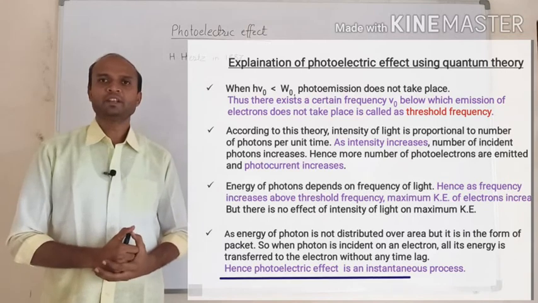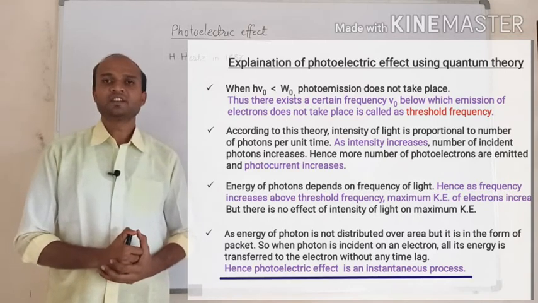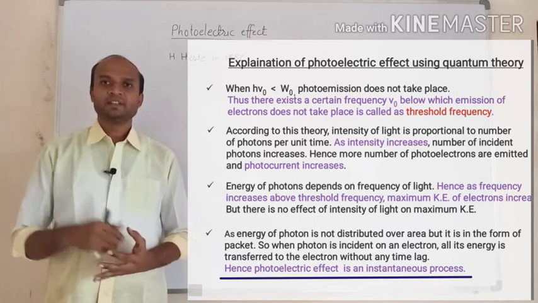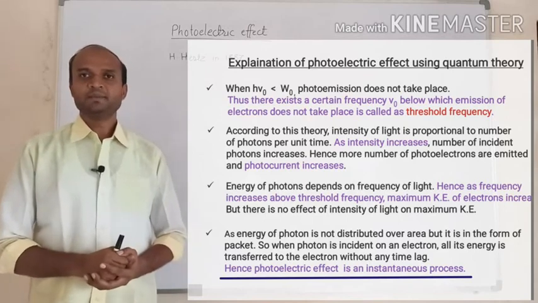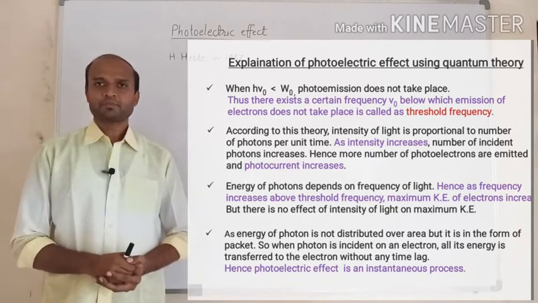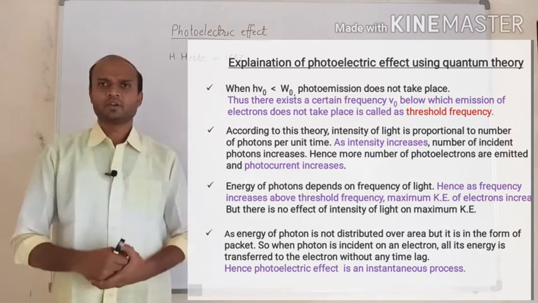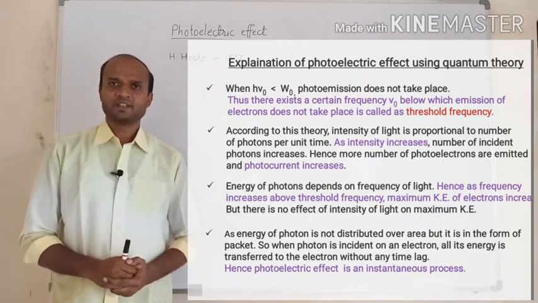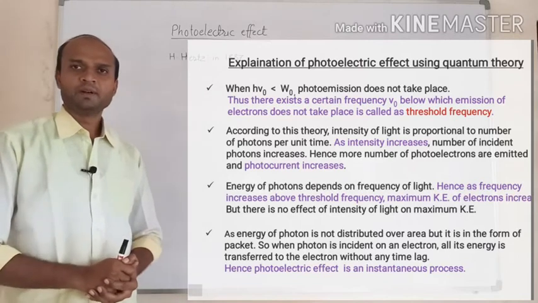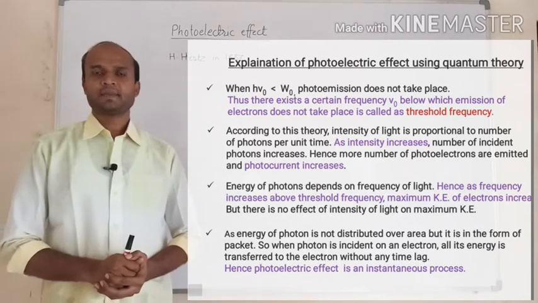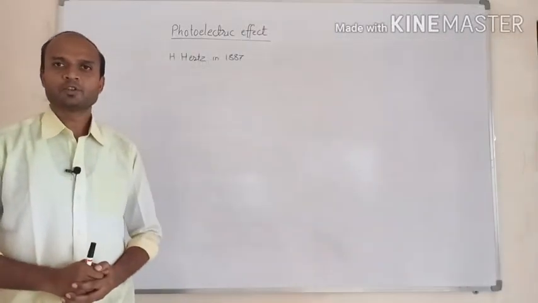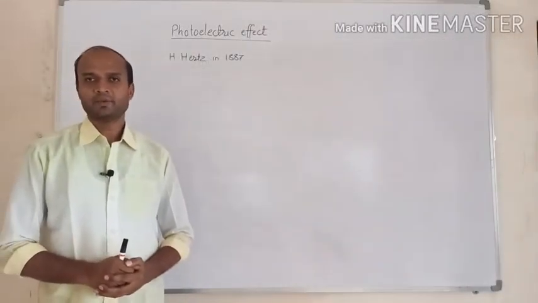And that's why the photoelectric effect is an instantaneous process. There is no time lag between incidence of the photon and emission of the electron. So in this way, the failures of classical physics in explaining the laws of the photoelectric effect were overcome by quantum mechanics, and quantum mechanics successfully explained all the laws of the photoelectric effect.